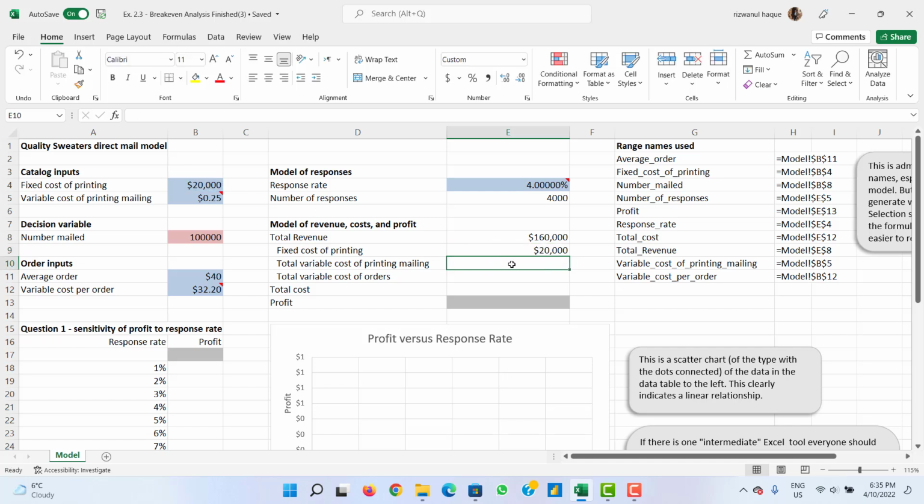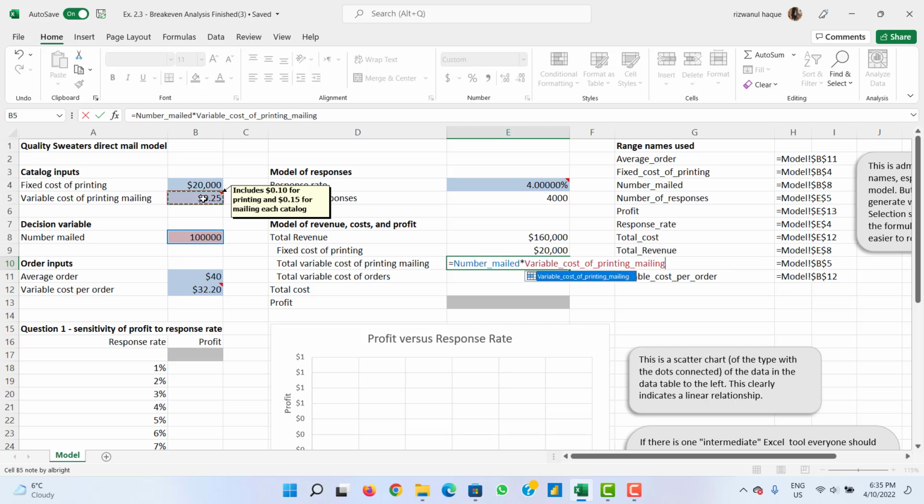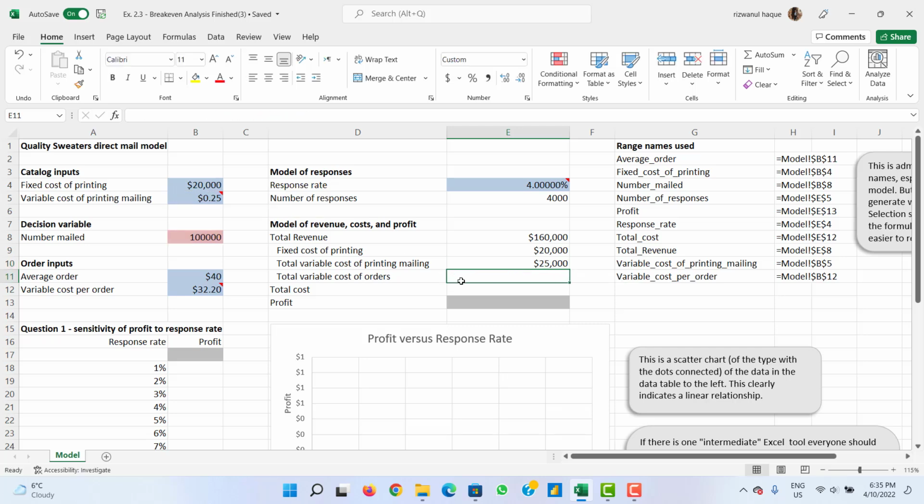Fixed cost of printing and total variable cost of printing, variable cost of printing mail. So 100,000 number of mailed times variable cost of printing mailing. Okay, and total variable cost of order.